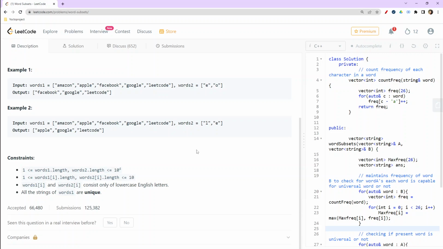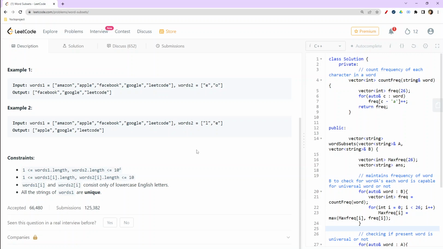Even if we multiply both of them, considering the length of each word and the number of words, the solution should lie in the range of n into L, and shouldn't exceed n square. But again we are required to search for each letter, so surely the length would be considered in this scenario also.